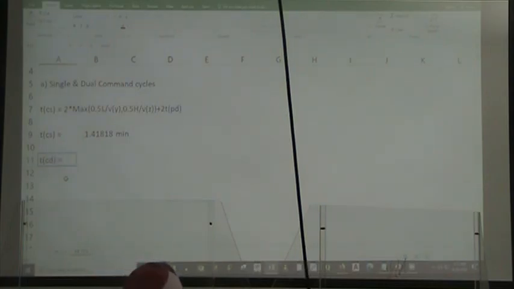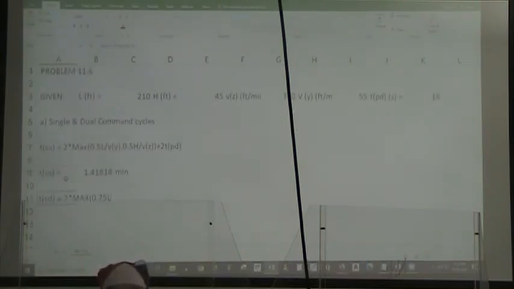All right. Now, travel for dual command is going to be 2 times max of either 0.75 of the length, oh, excuse me, apparently I'm wrong again.